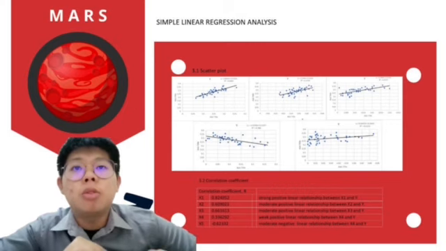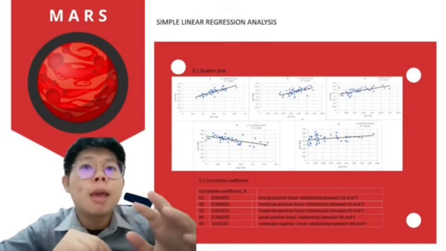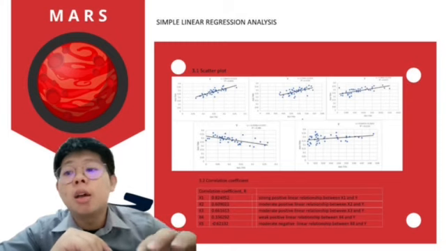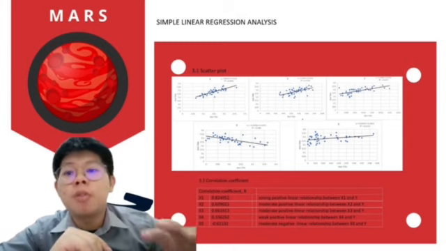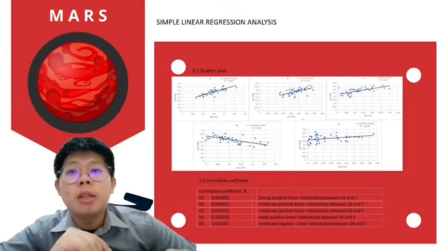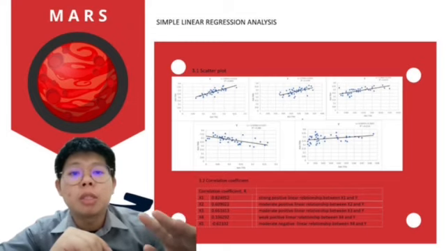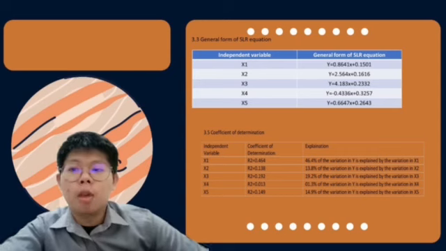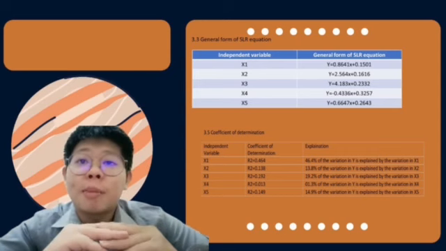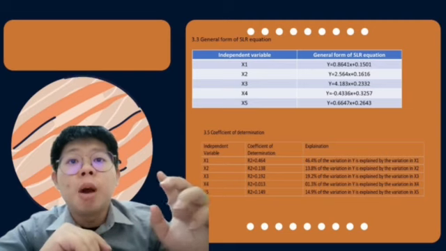I'm here today to share about the simple linear regression analysis. You can all see the scatter plot. This is one of our graphs, and second is the correlation. We can see strong positive, moderate positive, weak positive, and moderate negative. After that, we see the general form of the SLR equation.